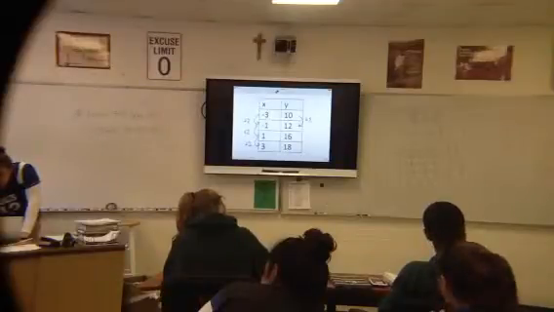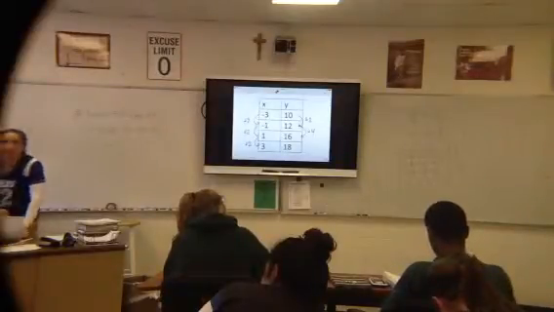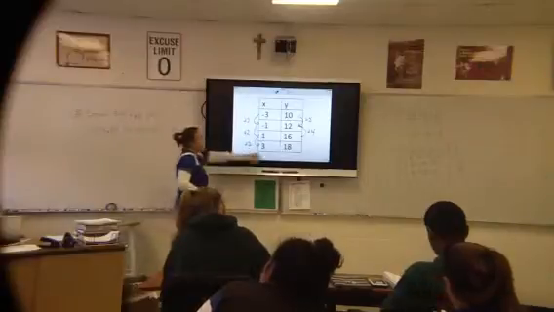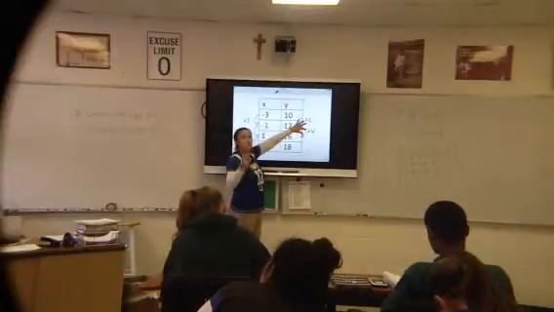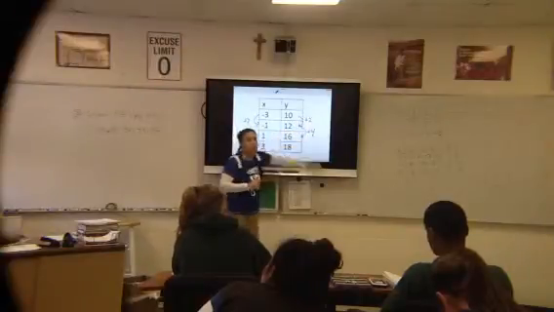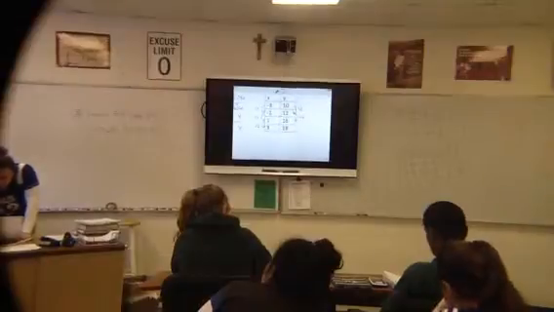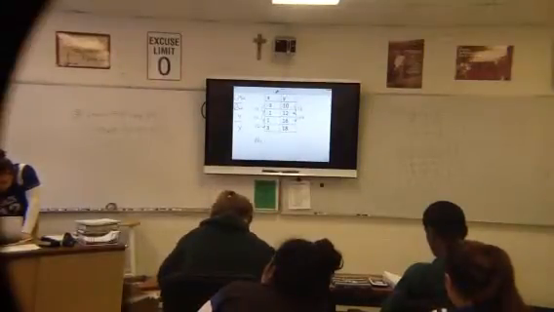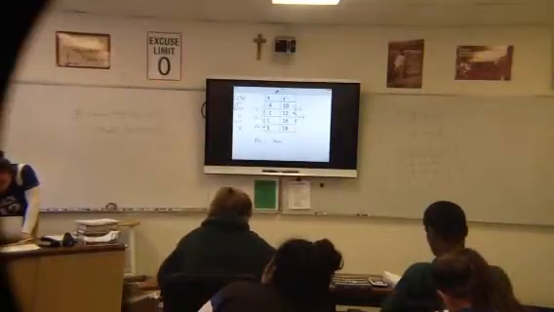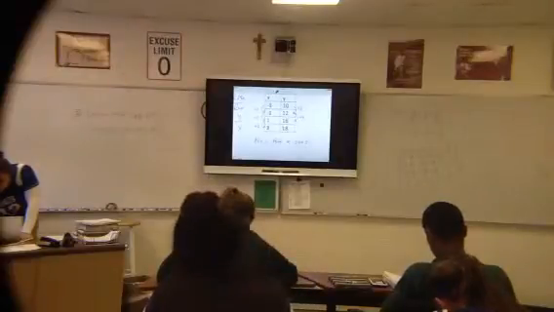Okay, what about 12 to 16? Okay, so I can stop right there, can't I? I have to be adding or subtracting the same amount, and that's not the case here. I went from a 2 to a 4. Okay? So is this going to be a line? No. Okay? So you would put no. Not a constant rate of change.